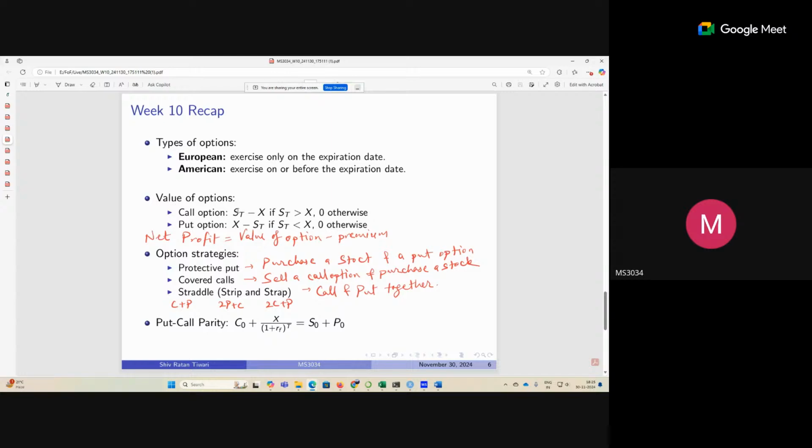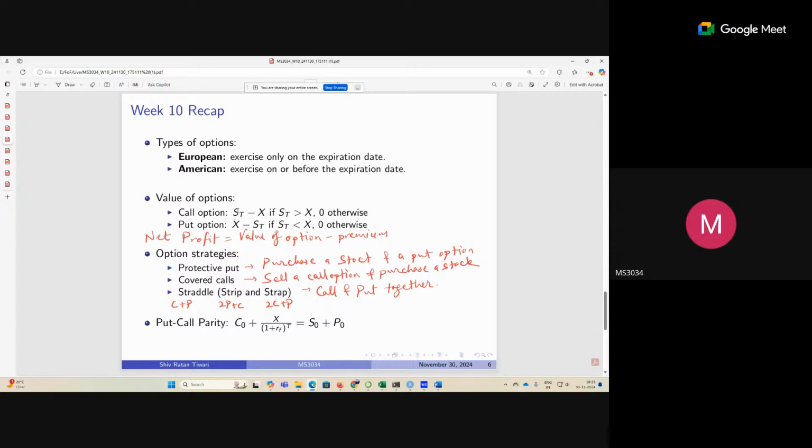Other strategies involve only options, not stocks. One such strategy is the straddle, in which you either purchase or sell a call and a put on a particular stock with the same expiry and the same strike price.